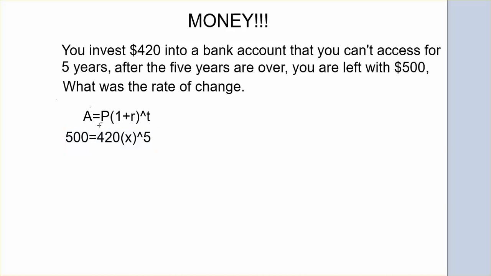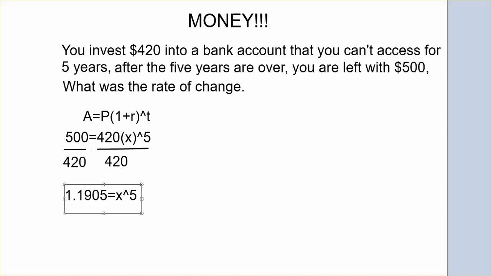So first step, we're going to divide both sides by 420, and that's going to come out to roughly 1.1905 equals x to the 5th power.